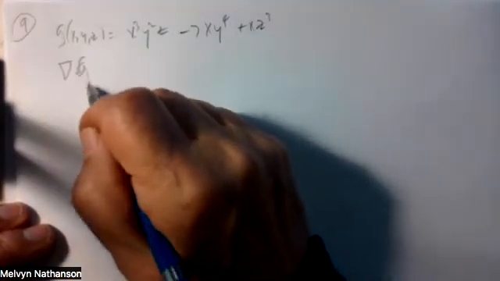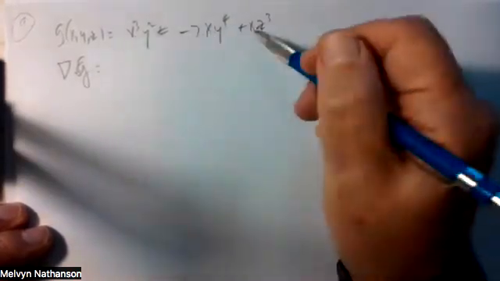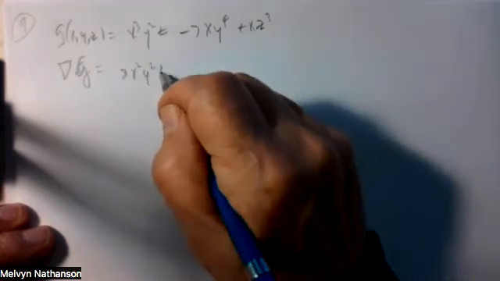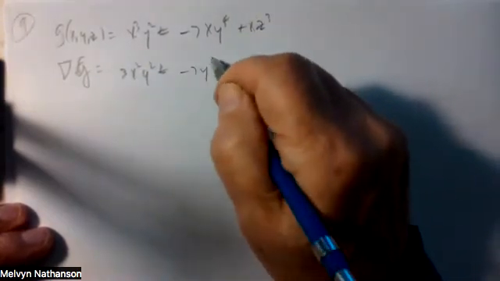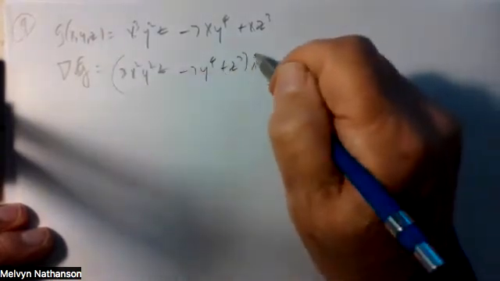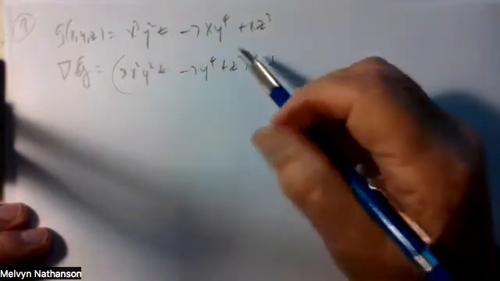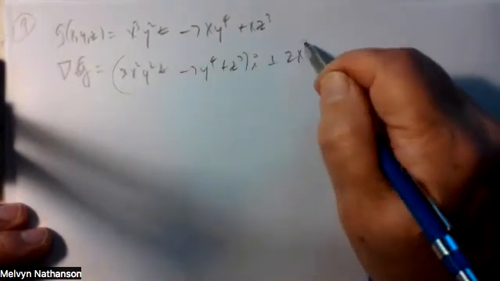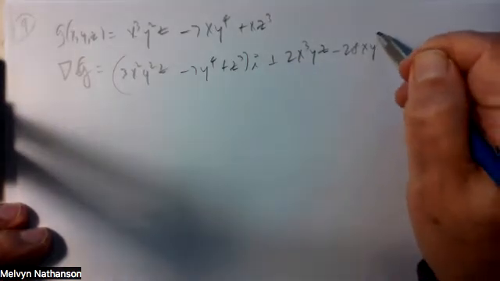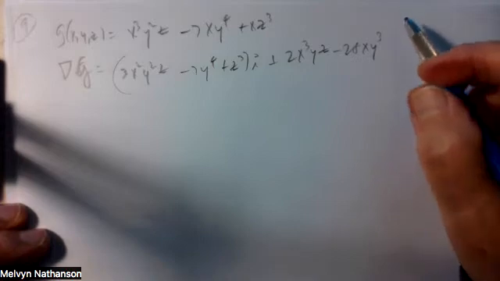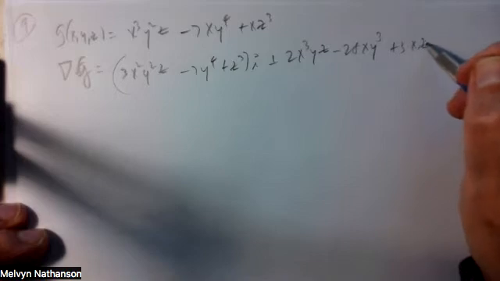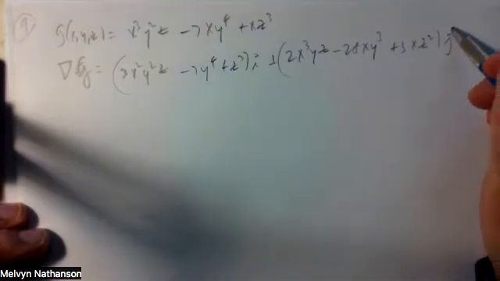So the gradient of g, you take the partial with respect to x, 3x squared y squared z minus 7y to the fourth plus z cubed, i. Partial of g with respect to y, 2x cubed y z minus 28 x y cubed plus 3 x z squared, j.